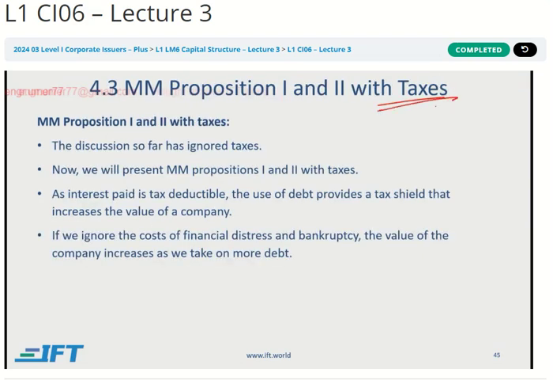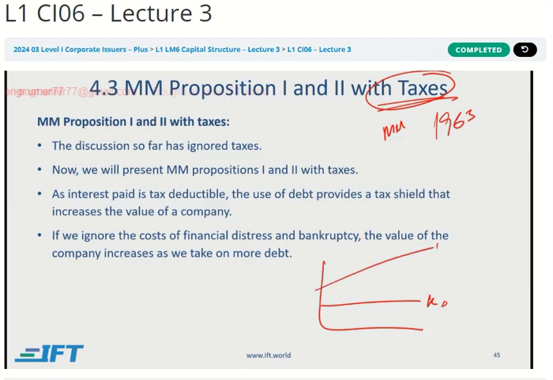Now guys, with proposition number 2, the theory number 2, Modigliani and Miller, 1963, they included taxes, and now they're saying that your cost of debt is lower, your cost of equity does go up, but your WACC actually comes down because there is a tax benefit as we take on more and more debt.